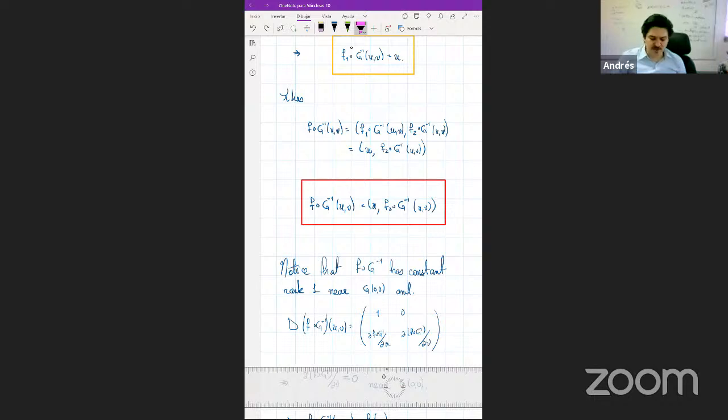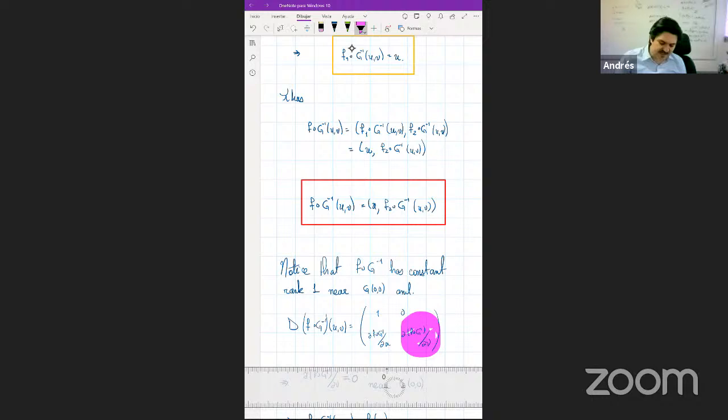How do I compute the determinant? This times this minus 0. If I want to compute the determinant of this matrix, it will be this minus 0. So the determinant of this matrix is this entry.